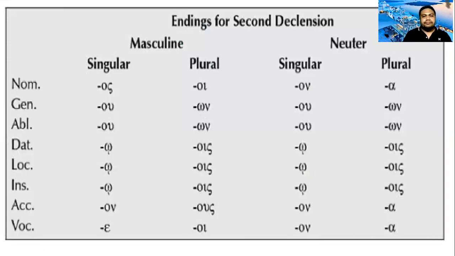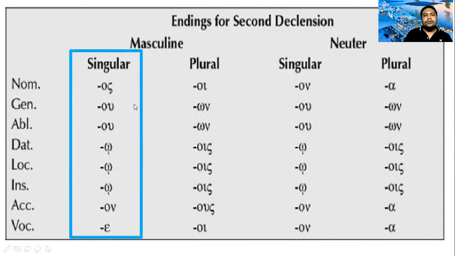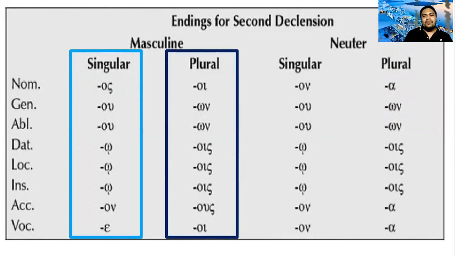For the masculine, the endings, let's read all together. The singular, go. Os, e, o, on, e. Very good. Next, plural. Oi, on, ois, ous, oi. For the singular neuter, this is the neuter form.